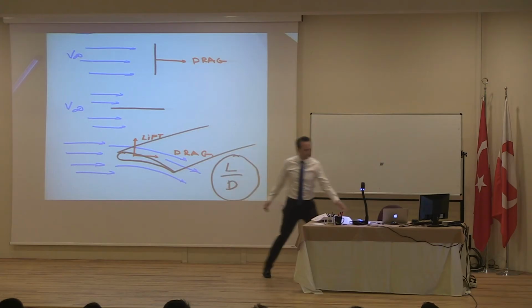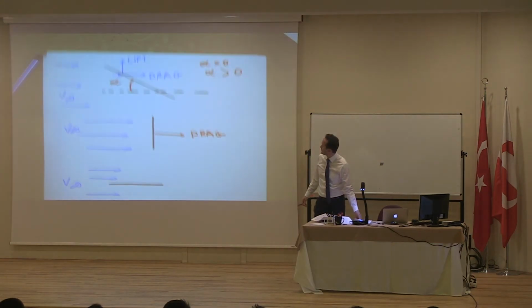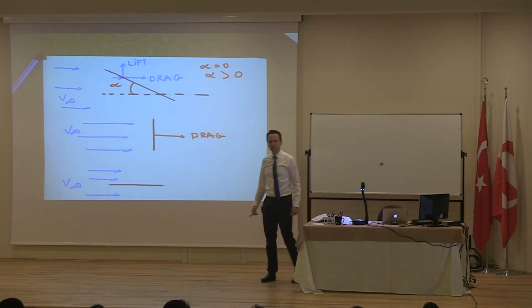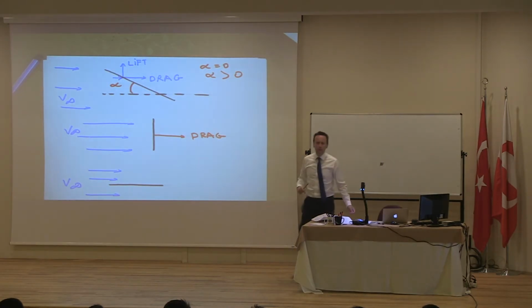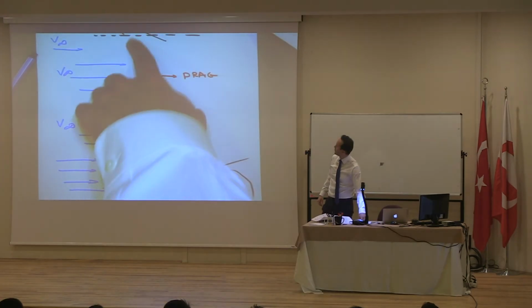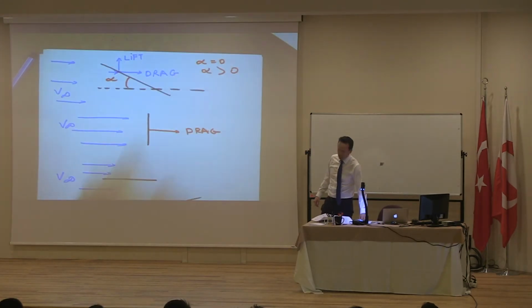If you have a plate like this, the lift-to-drag ratio is not very good. It creates a lot of drag, some lift, but not enough. So the question is, why are we using airfoils like this instead of plates like this?